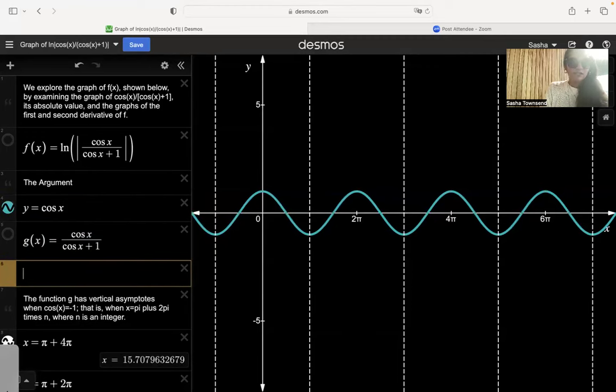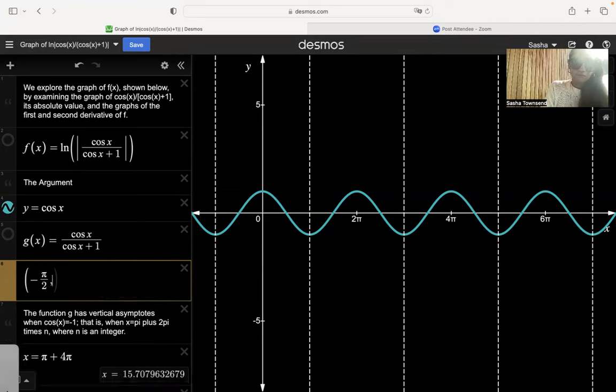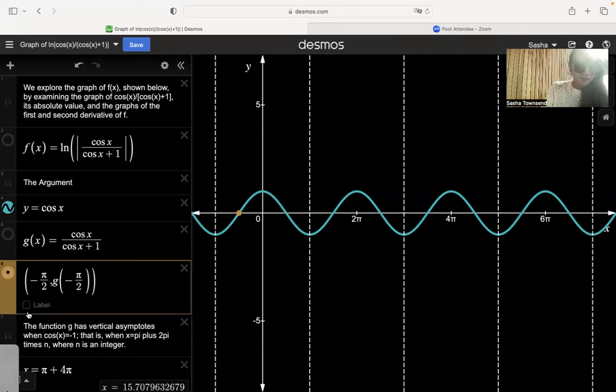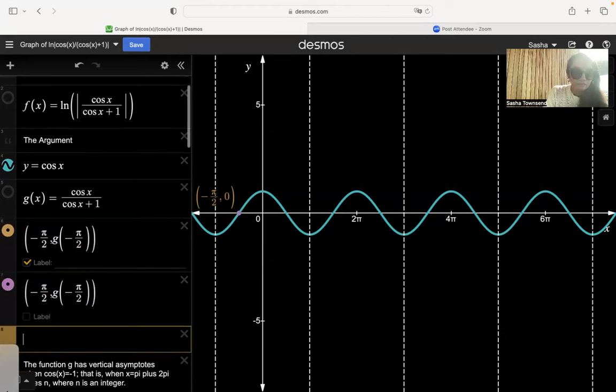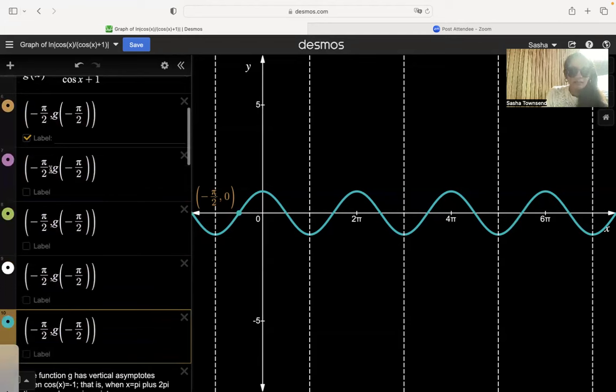So we can plot some points. We'll evaluate at, let's start with negative pi over 2. Label that point. And so we'll have g equal to 0 there. We'll label some of the other zeros.